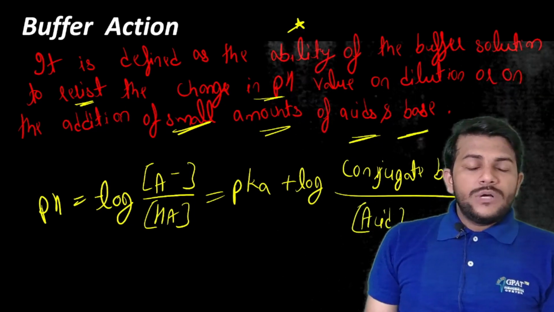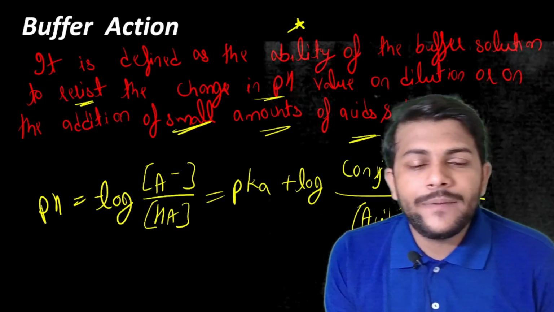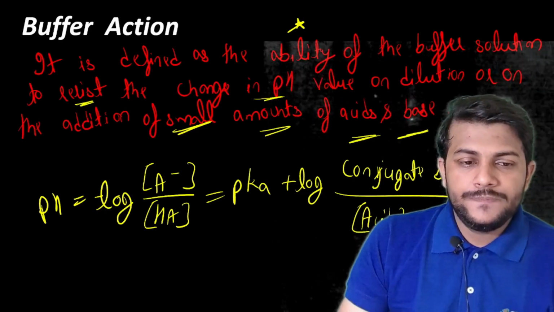So pH is equal to pKa plus log of conjugate base by acid. That is your buffer action.